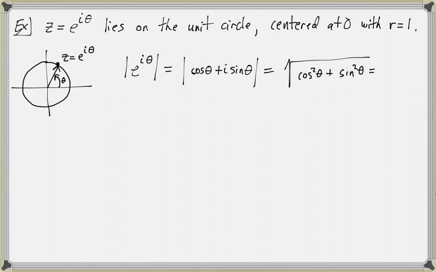And by the Pythagorean identity, cosine squared plus sine squared equals 1. So we see that the absolute value of e to the I theta is always equal to 1.